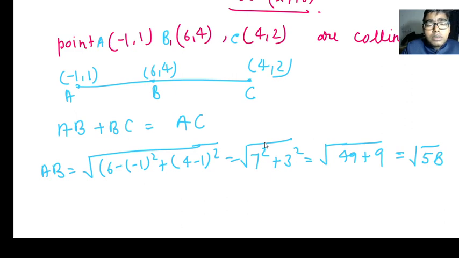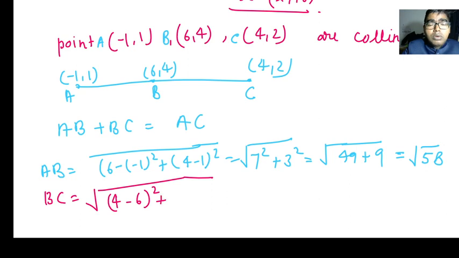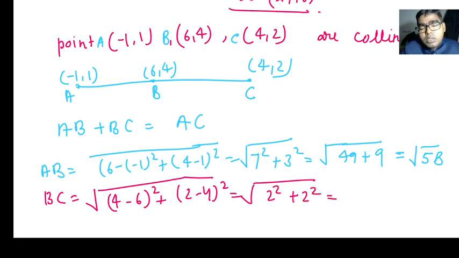And BC is equal to (6 minus 4) whole square plus (4 minus 2) whole square. This will come as 2 square plus 2 square, which is 8.